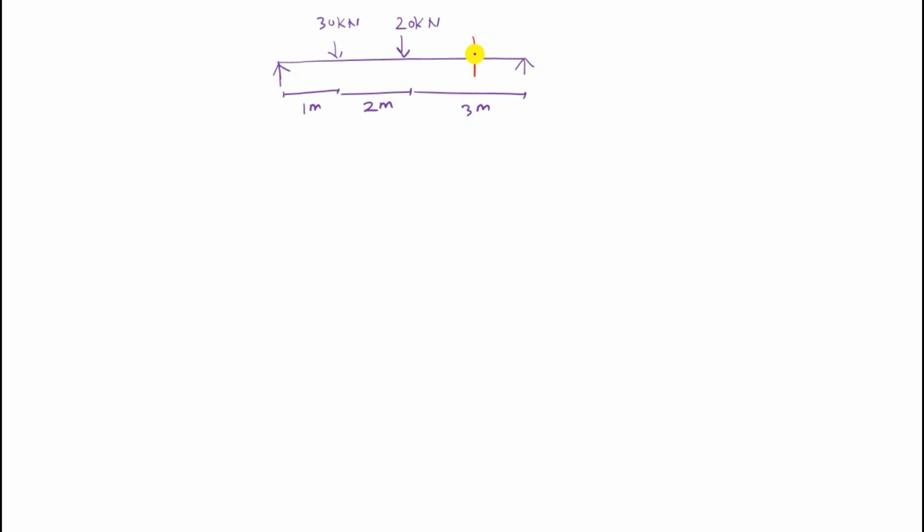So suppose this is the section, it is 1 meter distance from the left side. So this is suppose x1 distance. Okay. So calculate the shear force at this x1 distance due to this application of load. So the influence line diagram for shear force.